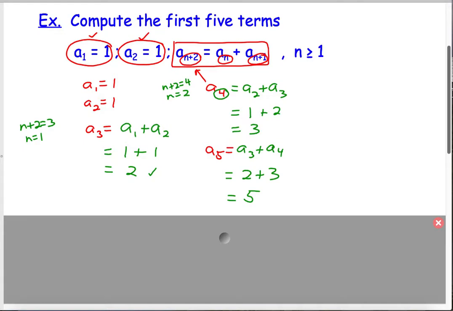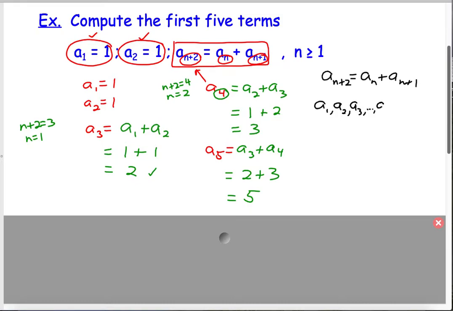What it's saying is the n plus second term is equal to the nth term plus the n plus first term. If I'm listing out sequences, I got the first one, the second one, the third one, and actually I'll use a's to make it easier for you. I have a sub 1, a sub 2, a sub 3, and dot dot dot.